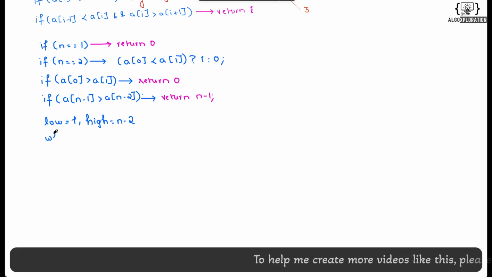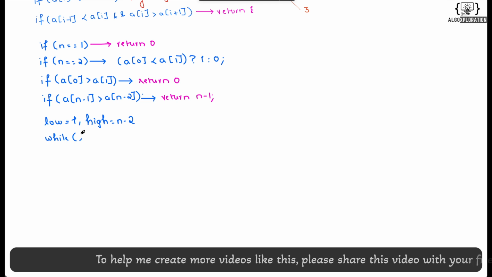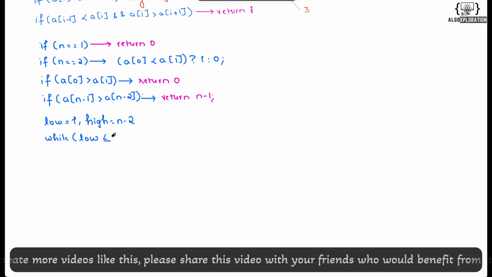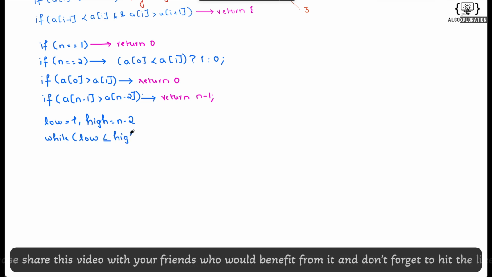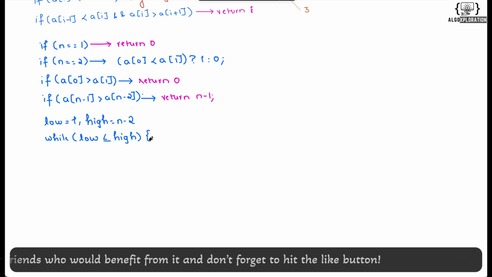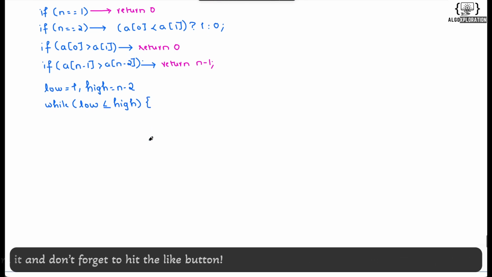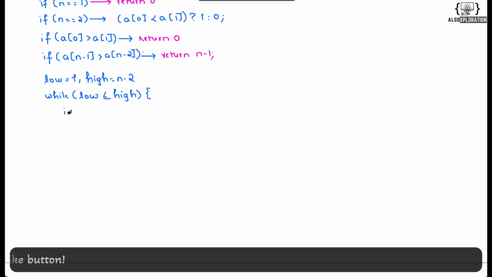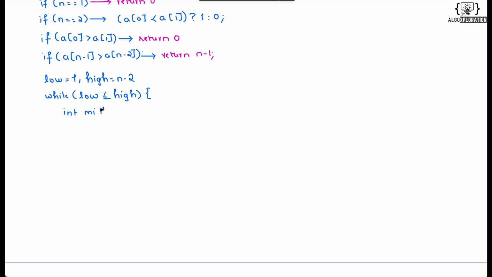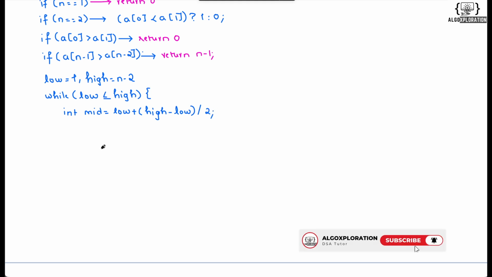While low is lesser than or equal to high, first we need to find the mid. So int mid is equal to low plus high minus low divided by 2. This is another formula for finding the mid, which works on larger data sets.